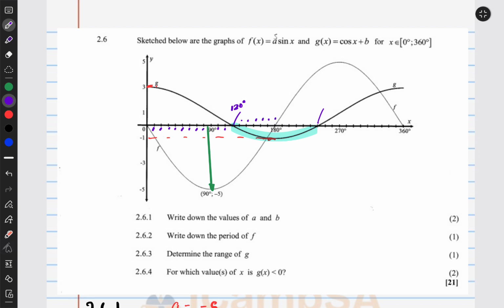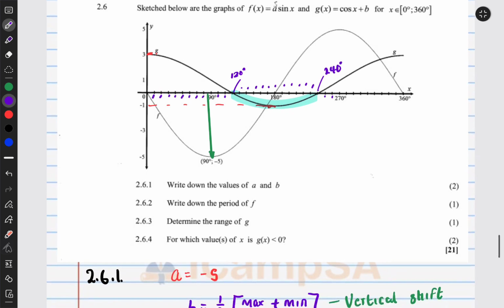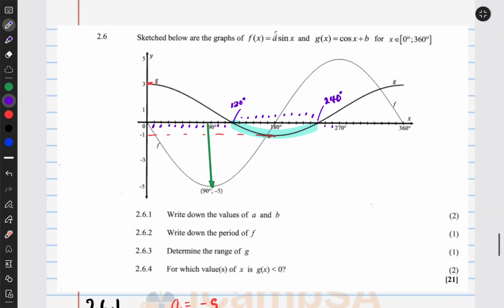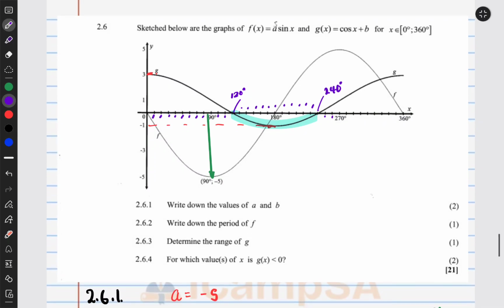Okay, 180, we're still on track. 190, 200, 210, 220, 230, 240 degrees, 250, 260, 270. Yes, we're on track.